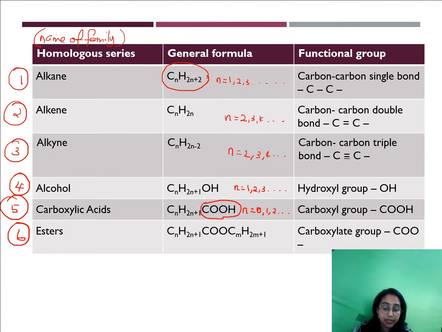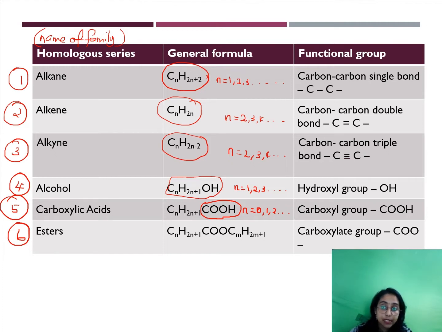Alkene is CnH2n. Alkyne, opposite to alkane: alkane plus 2, alkyne must minus 2. Alcohol will be CnH2n+1OH. Carboxylic acid is CnH2n+1COOH. And the combination of alcohol and carboxylic acid will derive the general formula for the ester.